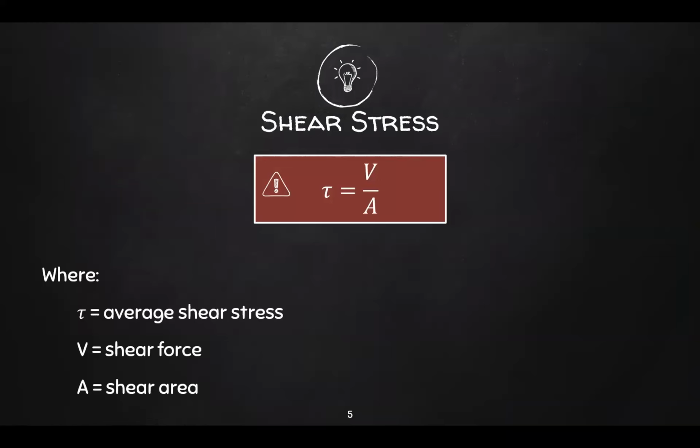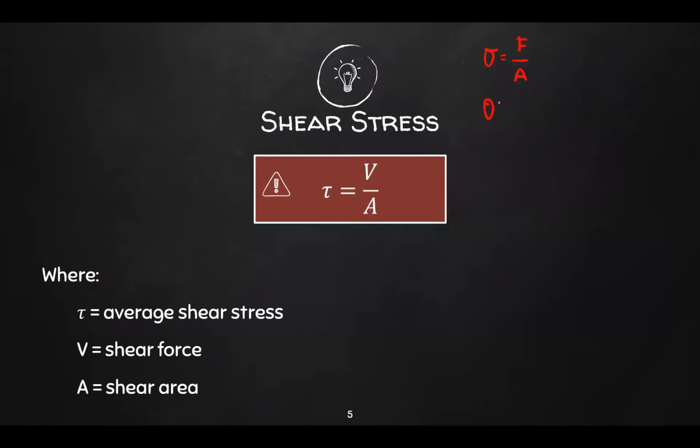So by that logic, we can now have our equation, shear stress represented by tau equals V over A, where V again is your shear force and A is your shear area. So recall our past equations. We have the general equation for stress, force over area.